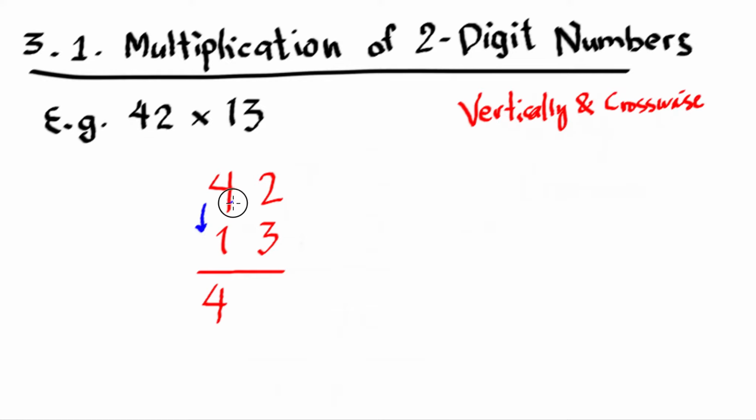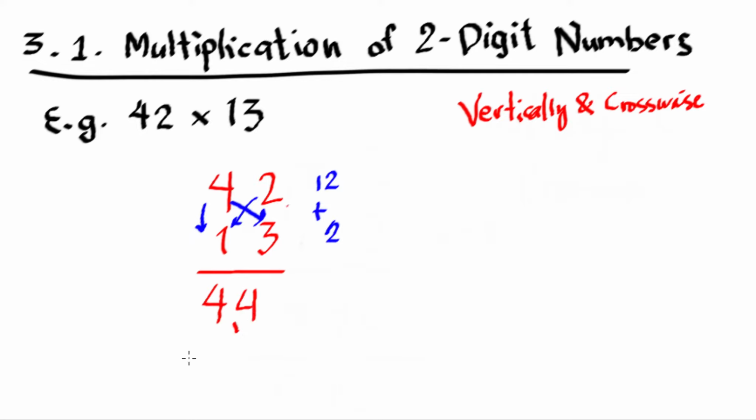We're going to multiply 4 times 3 and then add the product to 2 times 1. So 4 times 3 is going to give us 12. Add that product to 1 times 2, which is 2. So 12 plus 2 is going to give us 14. So we will put 14 over here.